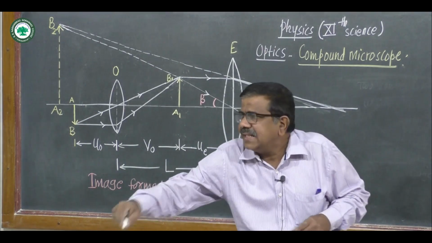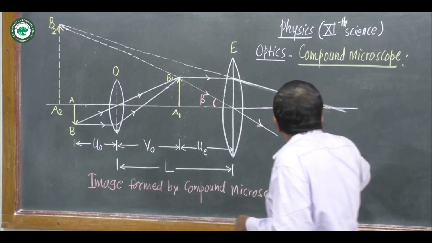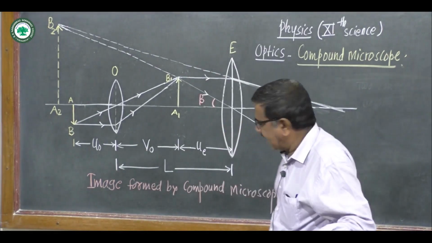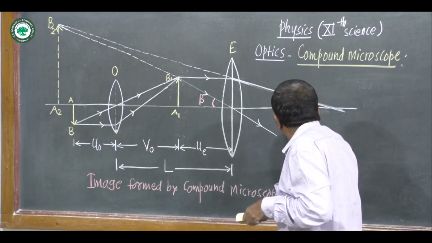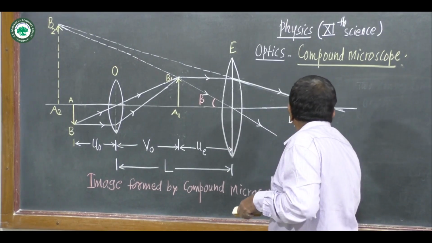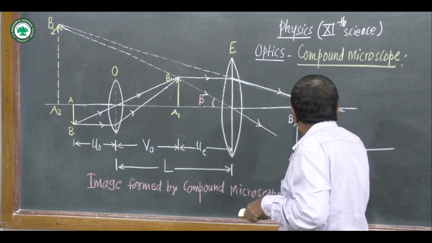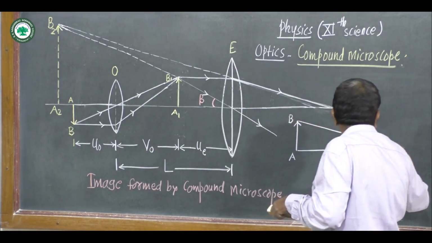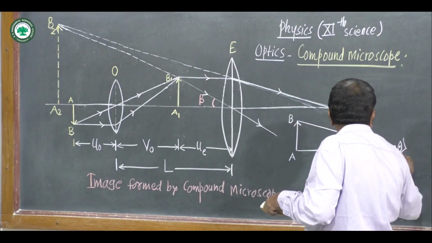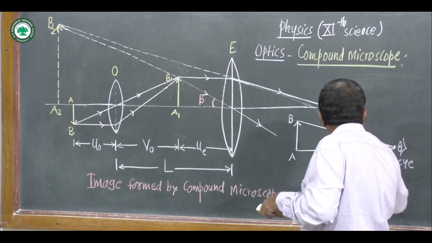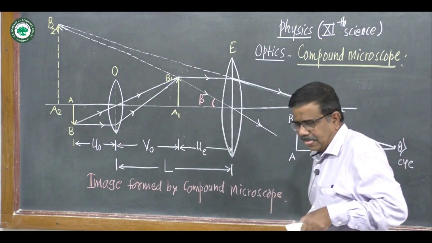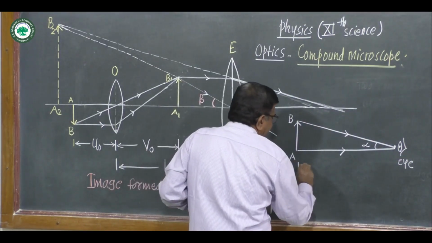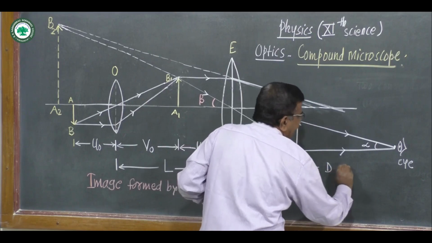If the object is seen directly without using the lens, suppose this object is AB, its observed size is maximum at the distance of distinct vision. Suppose we see this object from this place. Here there is the eye and this angle is alpha, and this distance is DDV, that is the distance of distinct vision.